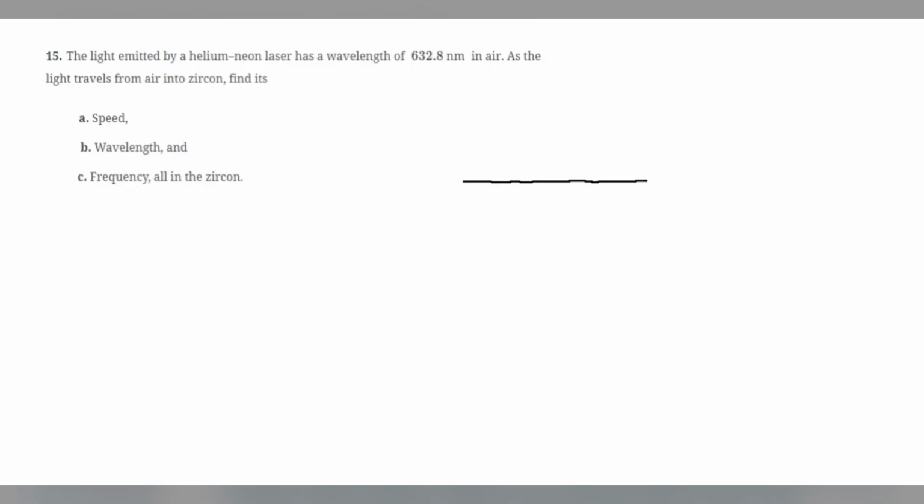So we have air here, we have the zircon here, and then now I have the boundary between the two surfaces. And I have then my incident ray, and then I have my refracted ray.